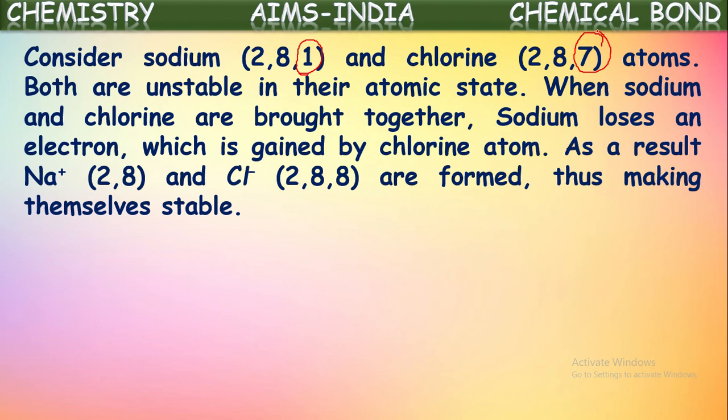Both do not have octet or duplet configuration, so they are unstable. When sodium and chlorine are brought together, being both reactive, sodium loses this one electron, which is gained by chlorine.